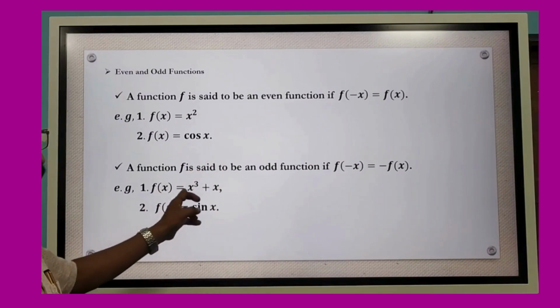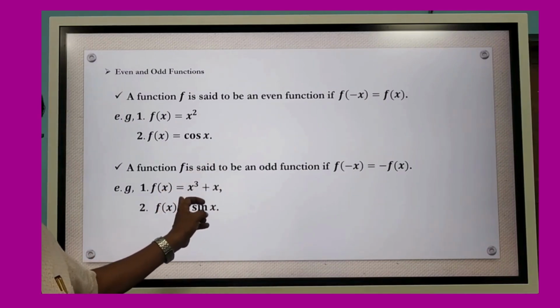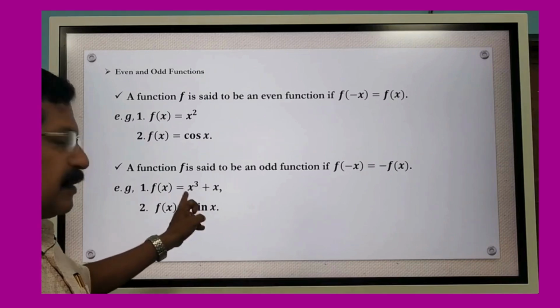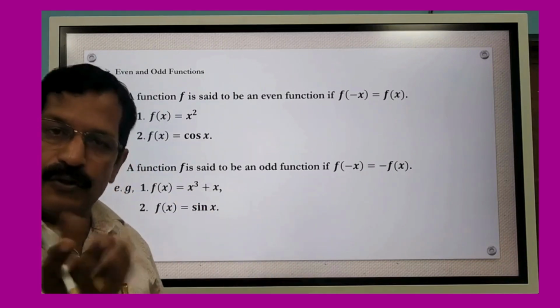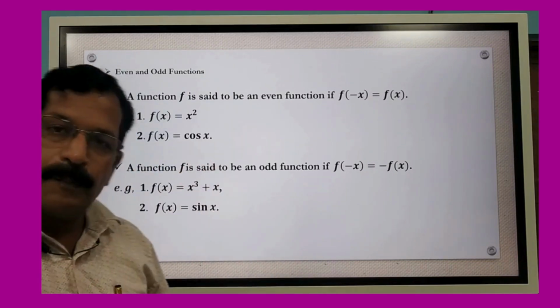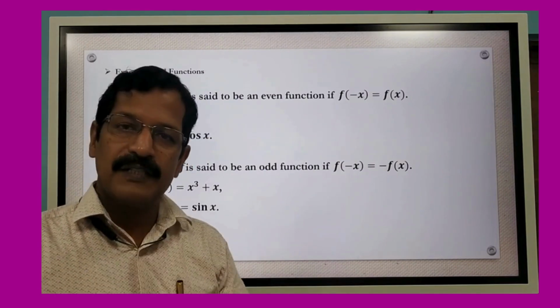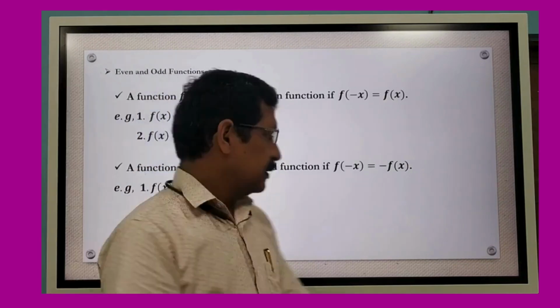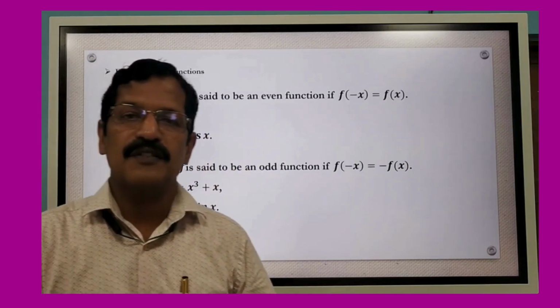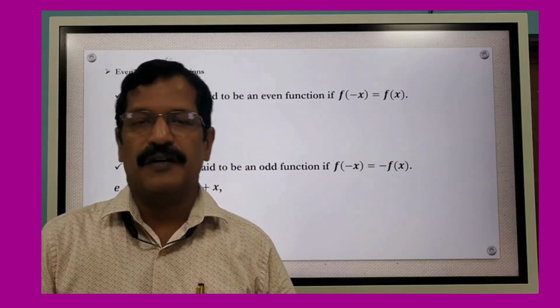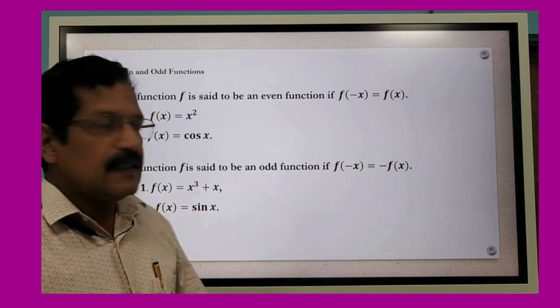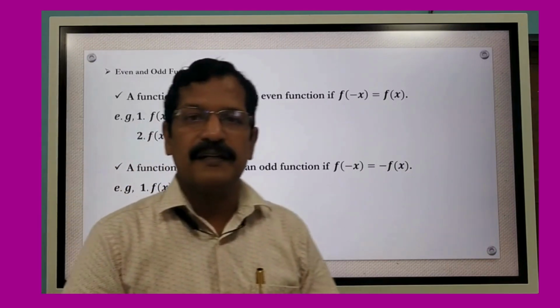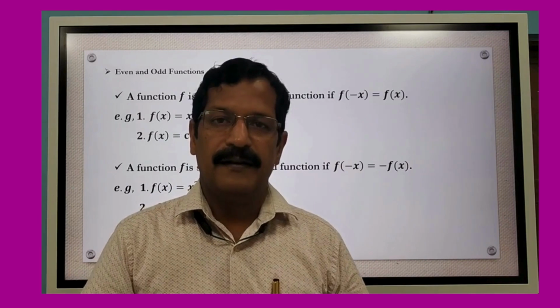In the first case, f of x equal to x cube plus x, if you replace x by minus x, you will get minus x whole cube plus minus x, which is equal to minus of x cube plus x. These are examples for odd functions. So these are the things of what we have studied in class 11.